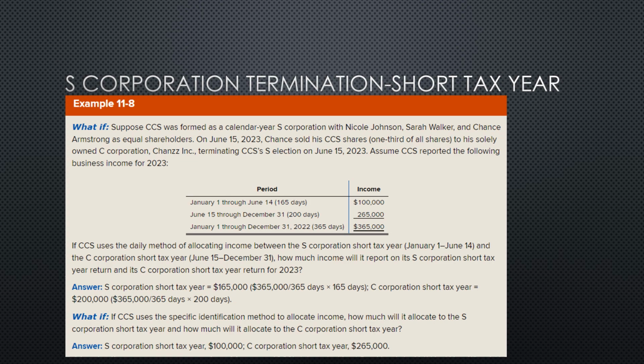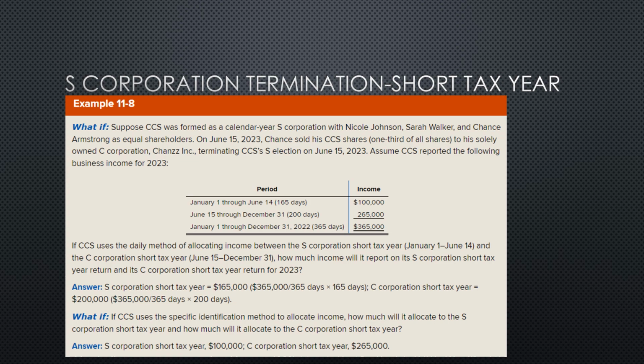Here is an example presented to us in the book. This corporation elects to terminate its S status on June 15th, as given here. This means that January 1st to June 14th, there are 165 days. And then June 15th until December 31st, there are 200 days.